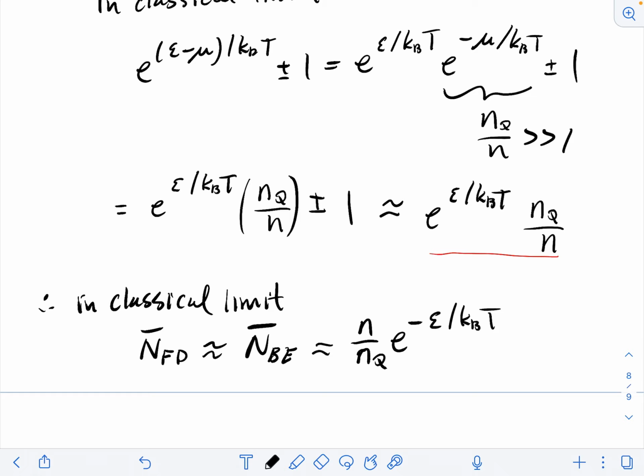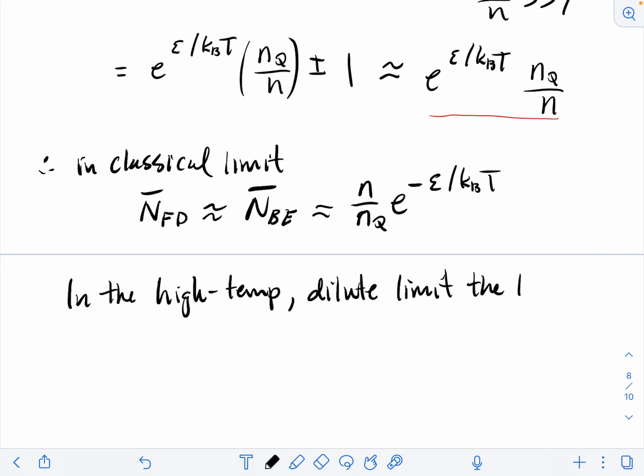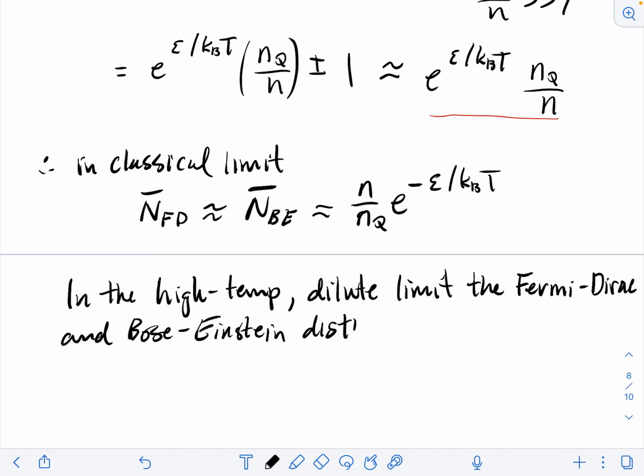And so what we can conclude is that in the high temperature and dilute limit, the Fermi-Dirac and Bose-Einstein distributions become identical.